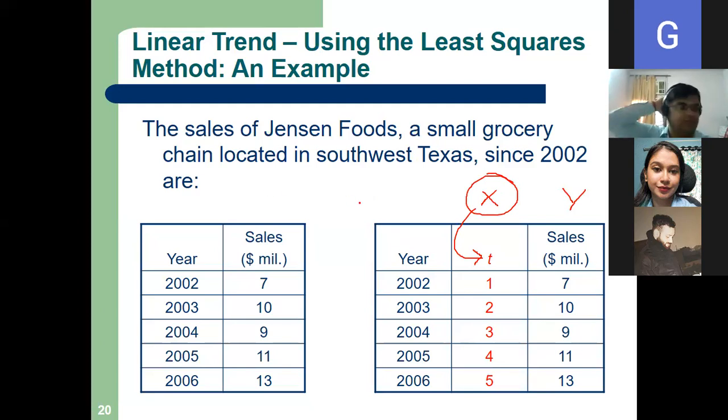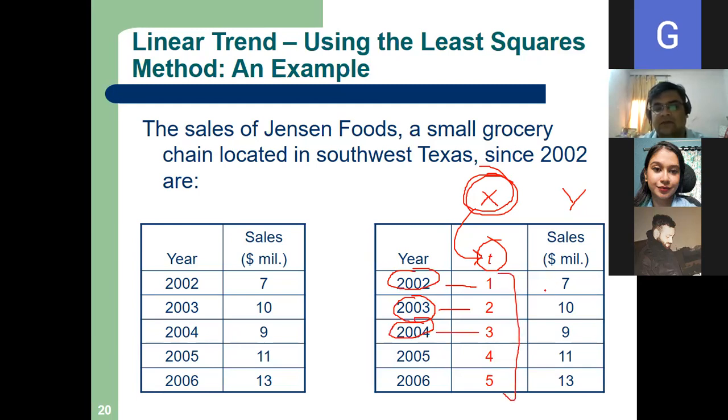You can generate the regression equation from this data, as we did in our last class. Only in place of x, the independent variable, we take t, which is time. And we code like this: year 2002 as 1, year 2003 as 2, year 2004 as 3, and so on. And these are our sales. So we can find the regression equation here.